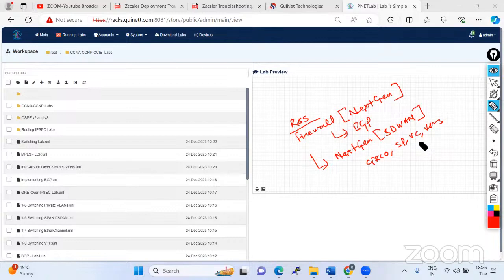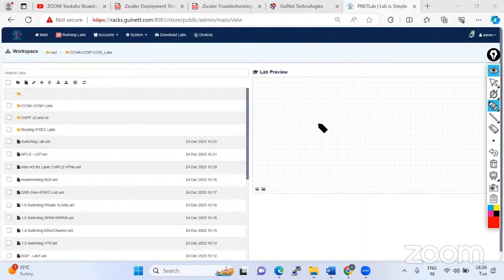Everywhere you can find it either acting as the overlay routing protocol, as MP-BGP, or it works as an underlay, as pure BGP. So overlay and underlay, everywhere that is BGP is used. So it's very common.